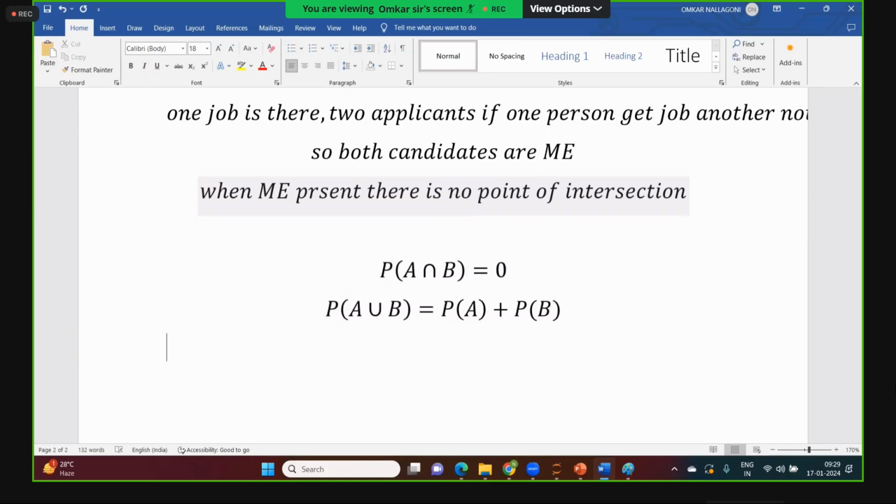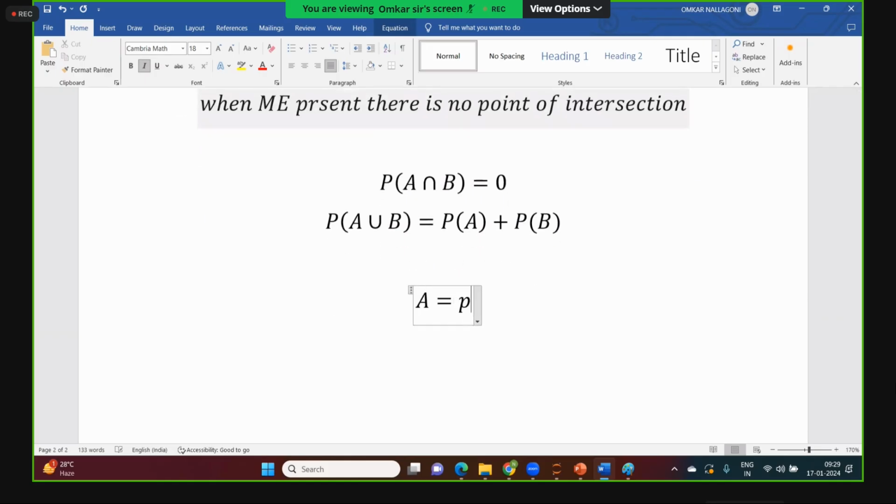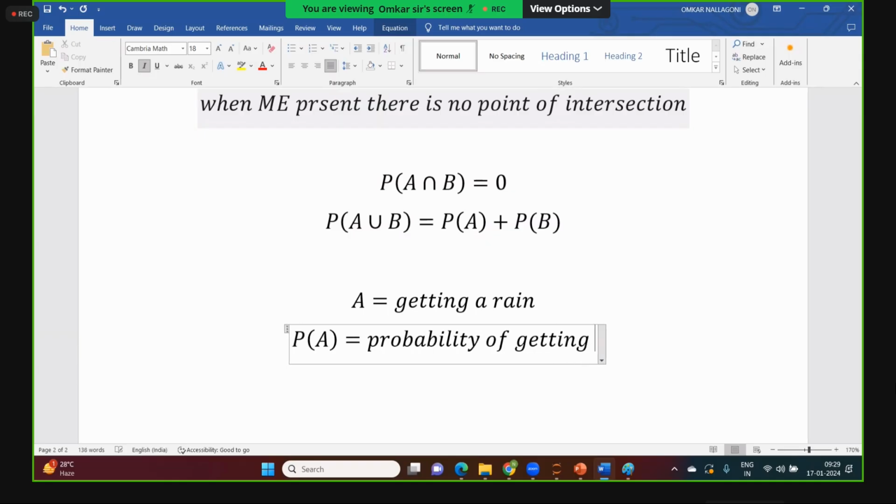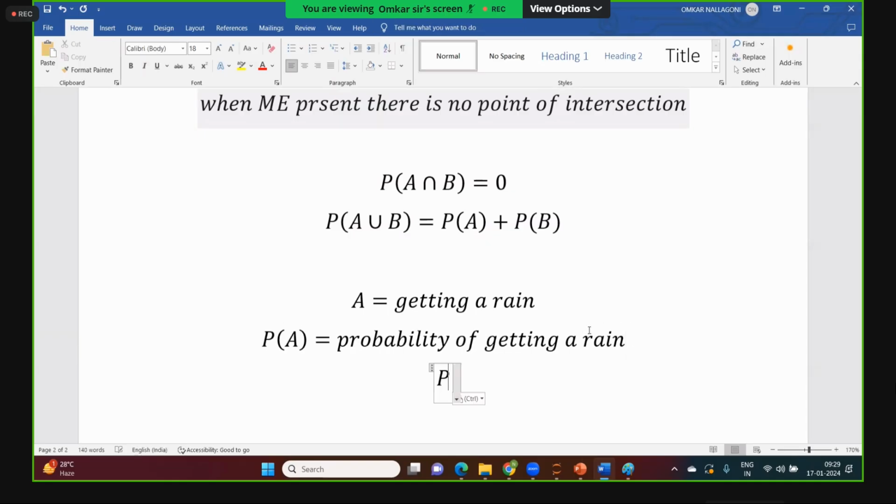So next, suppose A is equal to getting rain, and P of A is equal to the probability of getting rain, and B is equal to travel from Hyderabad to Bangalore.